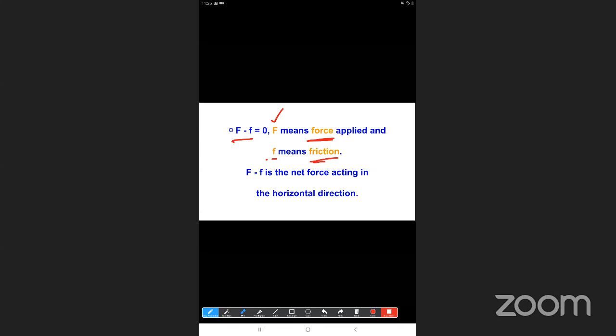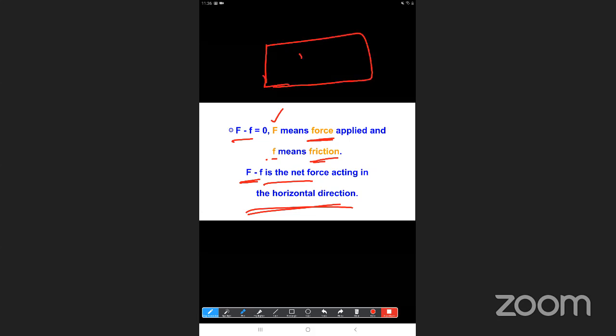Here, these two, force applied and friction, are also applied on the book. Here these two, capital F minus small f, is the net force acting in the horizontal direction.